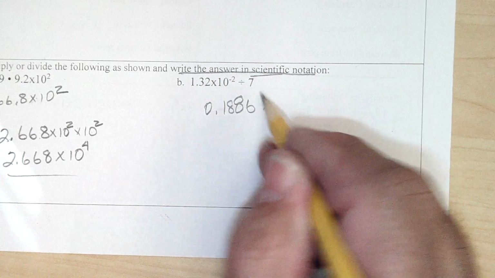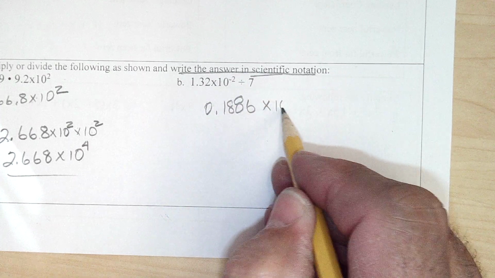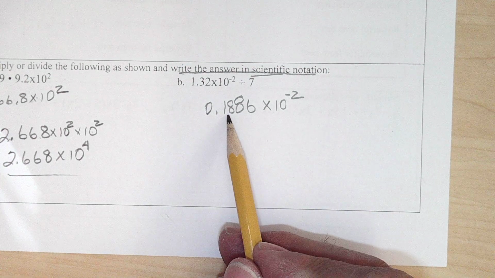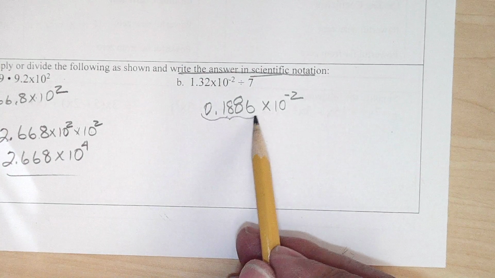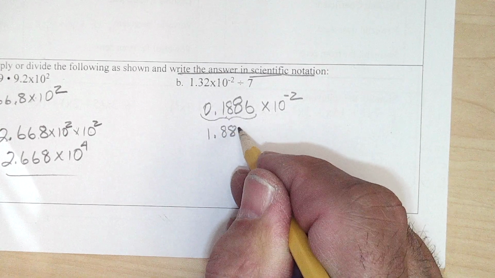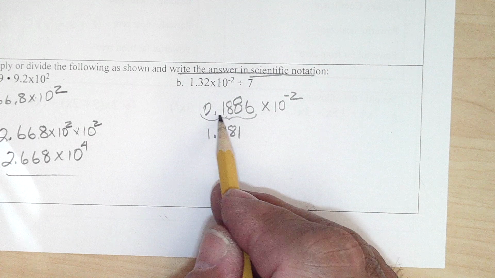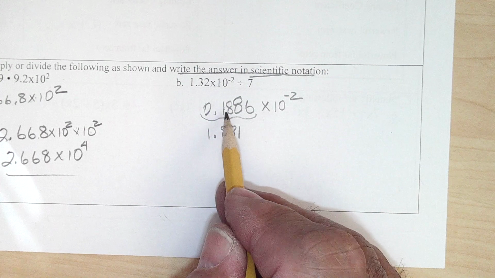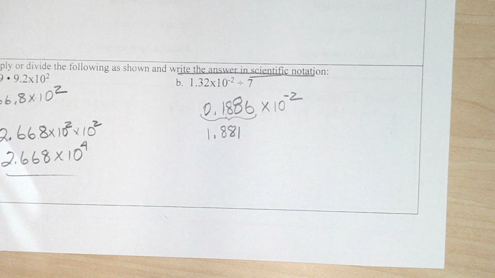And this is times 10 to the minus 2. Now, I need this in scientific notation, which is going to be 1.881, because I have to move the decimal to the right of the first non-zero digit. So it's got to be here.